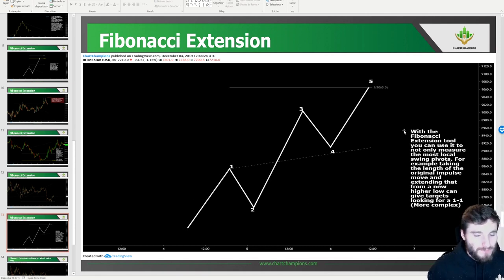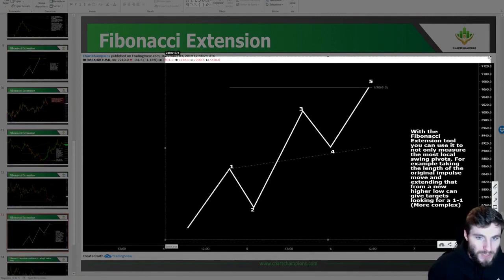This slide, I debated putting this one in because it might add confusion, but here all we can see is 5 moves up. So 1, 2, 3, 4, 5. From the standard way that you'd be doing this, it would be from low to high to higher low. So connecting these 3, that's going to be your pivots you select, and you'd maybe have your 1-to-1 extension, your 1618 extension.